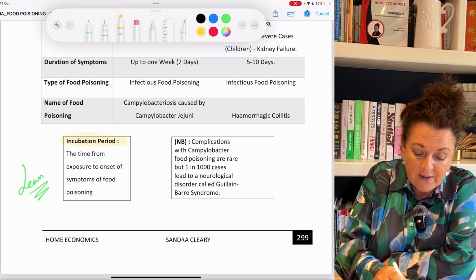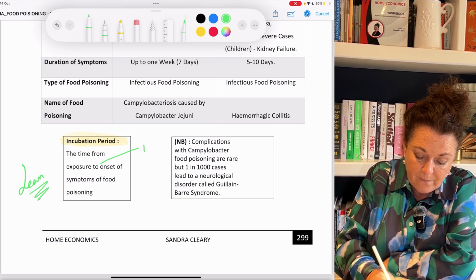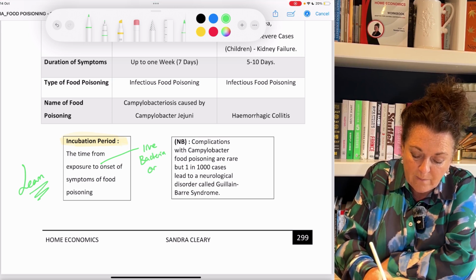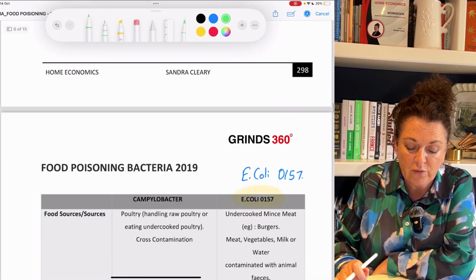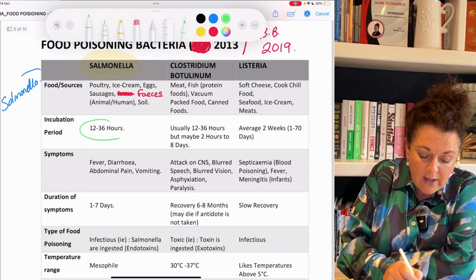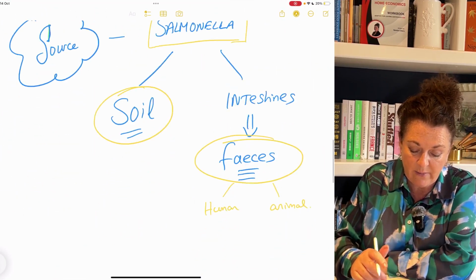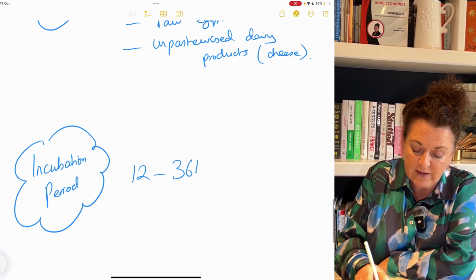So it is the time from exposure to the toxin or the live bacteria, depending on the type of food poisoning, to the onset of the symptoms of food poisoning. And you can see there that the incubation period for Salmonella is between 12 and 36 hours. So our incubation period, 12 to 36 hours.